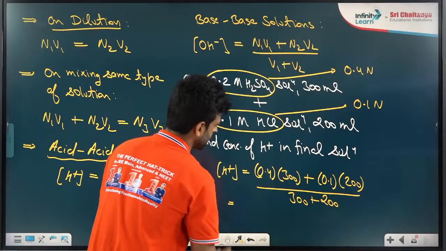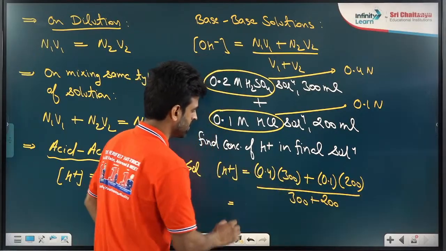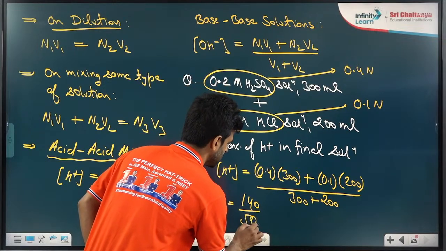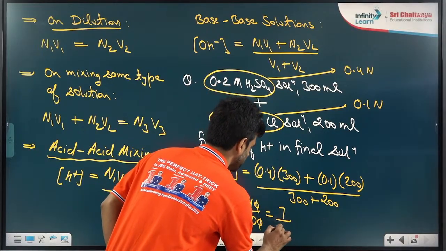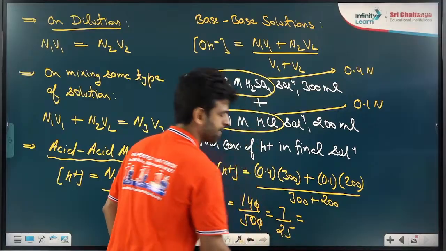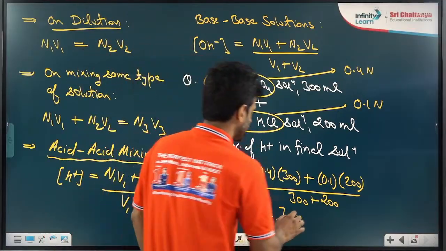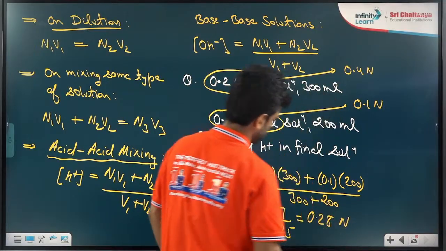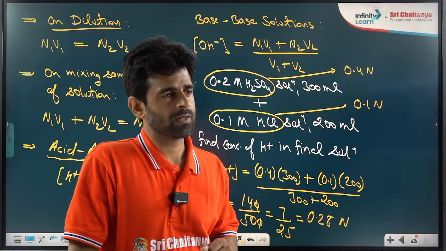That gives 120 plus 20, which is 140, divided by 500. Cutting down, 7 divided by 25, so 0.28 is coming. 0.28 normal.